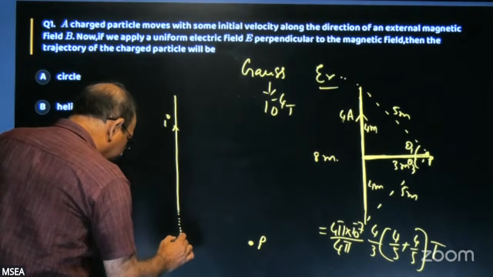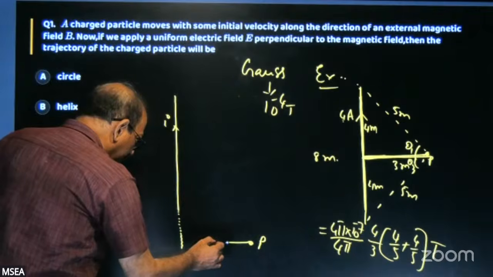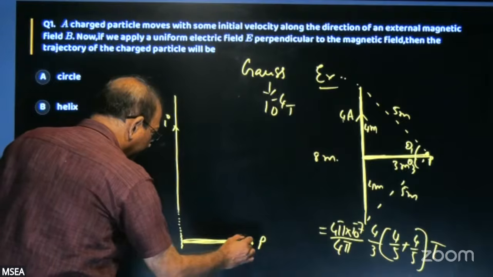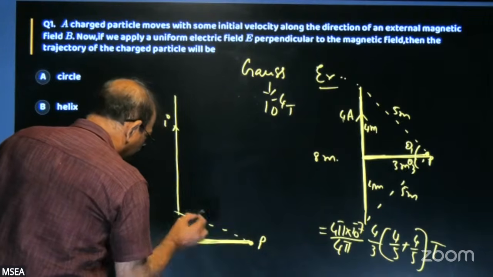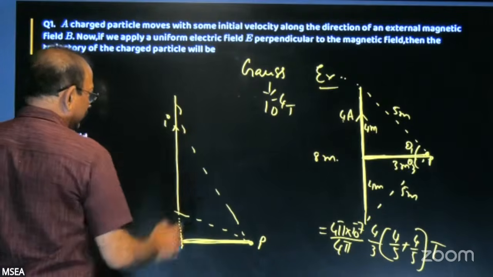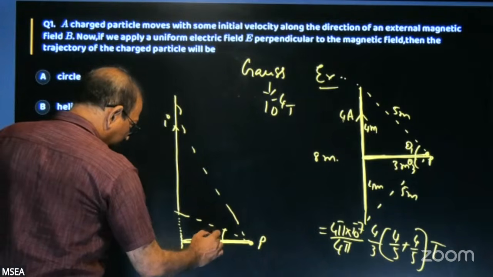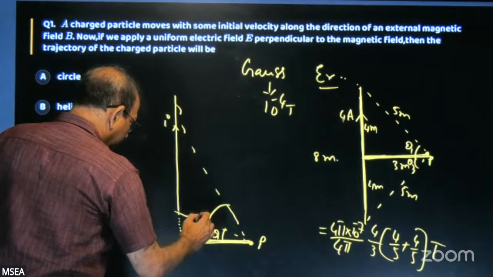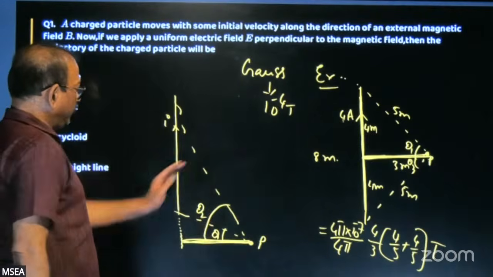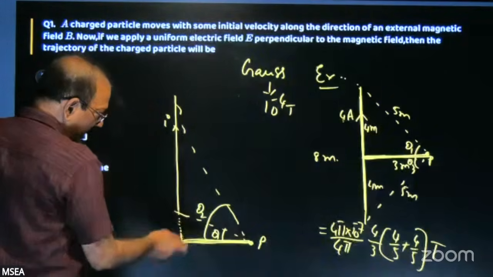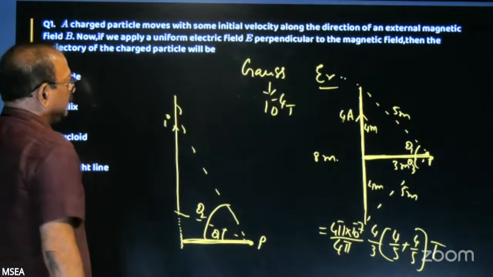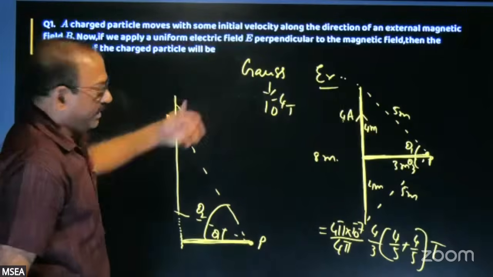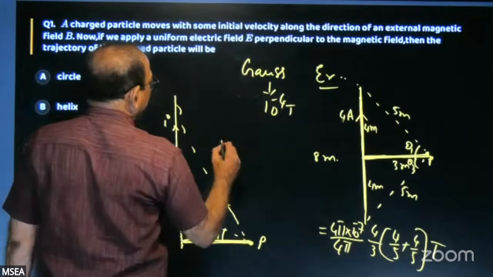Extend this edge like this and draw the normal line, the perpendicular line up to the wire, and join this point with the two edges of the wire. This is the angle made by one edge from this perpendicular line, theta 1. This is the angle made by the other edge from this perpendicular line. Here, both the angles are on one side of the normal. In the previous case, one angle was on the lower side and the other on the other side. Here, both the angles are on the same side.